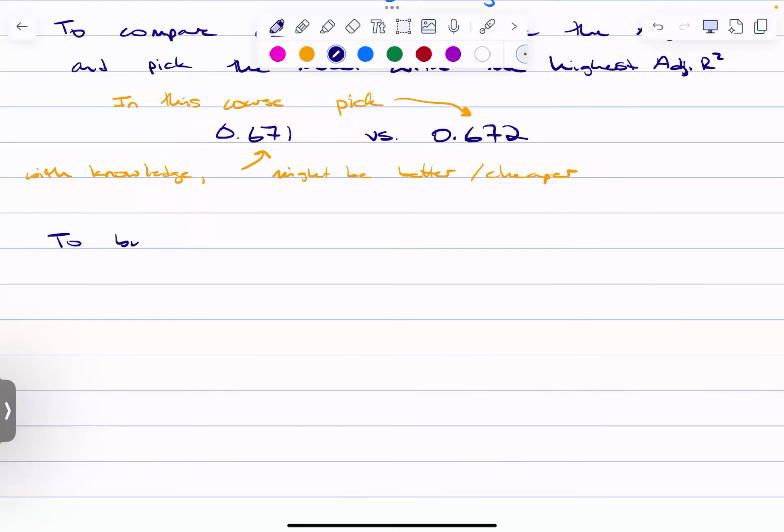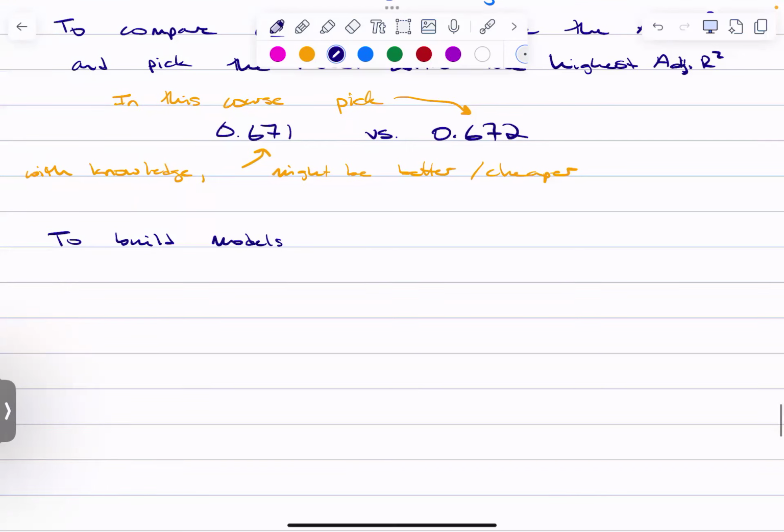To build models, you can just do it blindly. Sure, why not? We usually have two ways to build models.